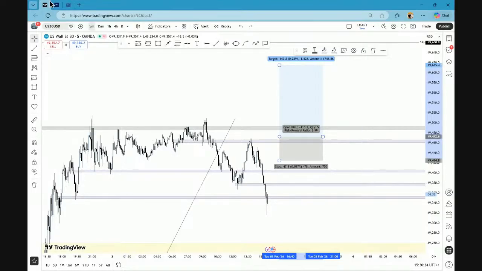So when price gets to that level above, guys, we are longing US30. When price gets to that level, and price is currently close to that level, but let's see how it goes.